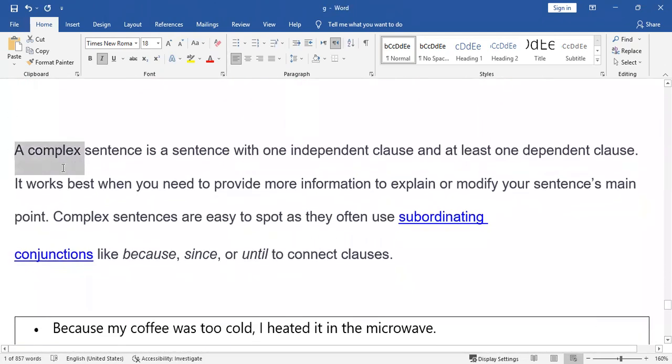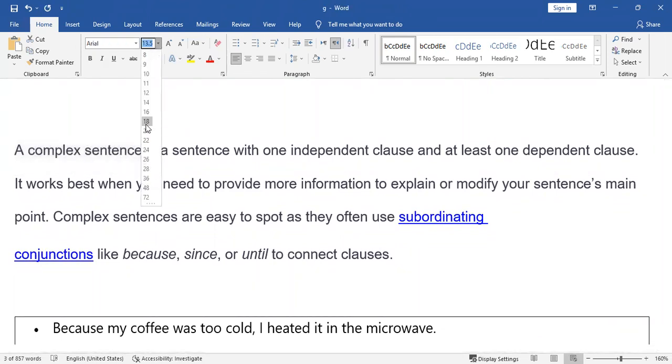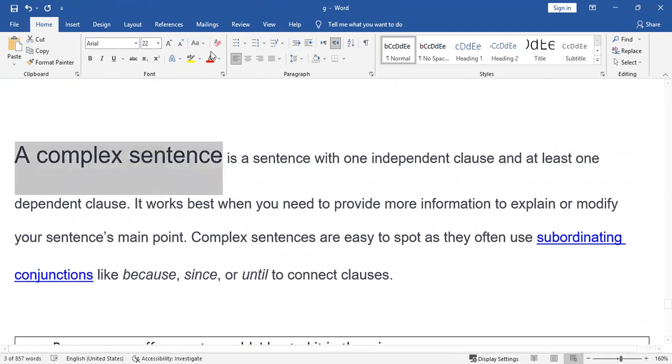طب وما complex sentence عبارة عن ايه؟ A complex sentence is a sentence with one independent clause and at least one dependent clause. يعني ايه؟ يعني لازم يكون فيها one independent clause. خلاص، يبقى لابد في الكومبلكس سنتنس ان يكون في one independent clause and at least يعني ايه at least؟ يعني على الأقل one dependent clause.